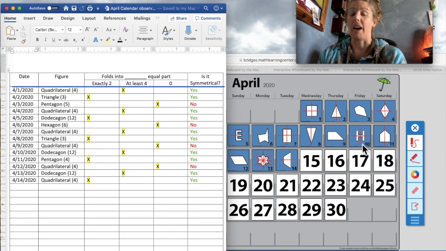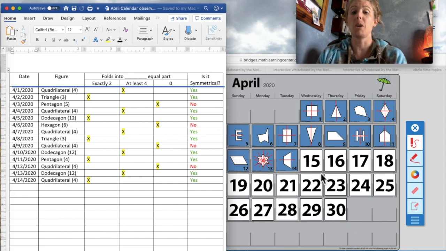Remember, if we had two lines of symmetry, that means that it folded into at least 4 equal parts. If there was only one line, it folded into 2 equal parts. And if there were more than 2 lines, like on the 13th, we had a dodecagon and there were many lines of symmetry there.